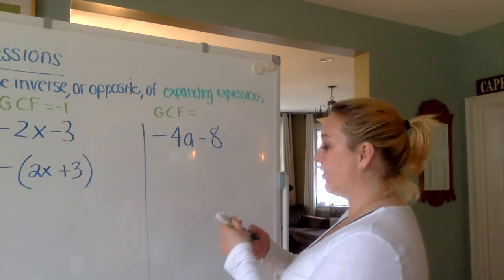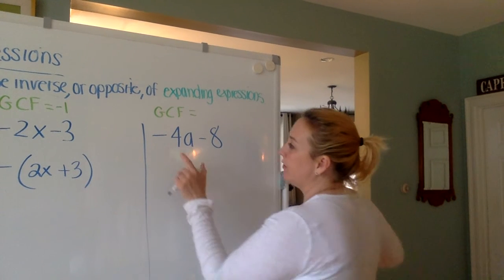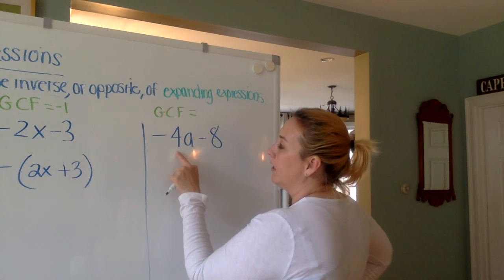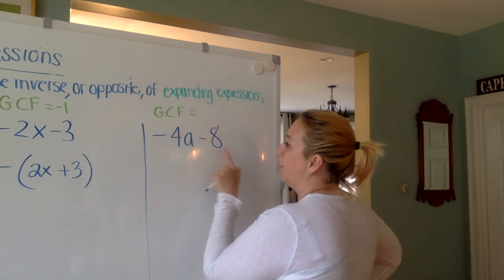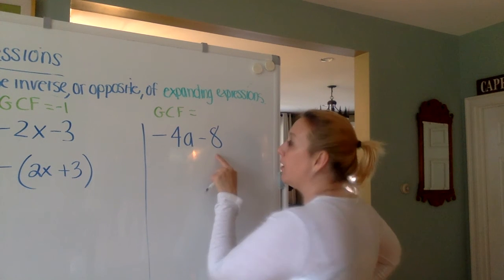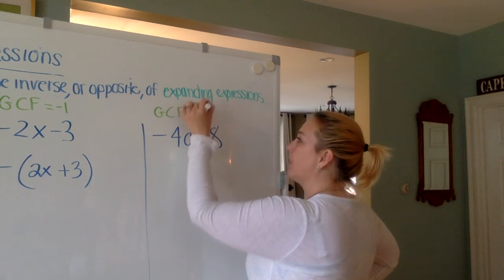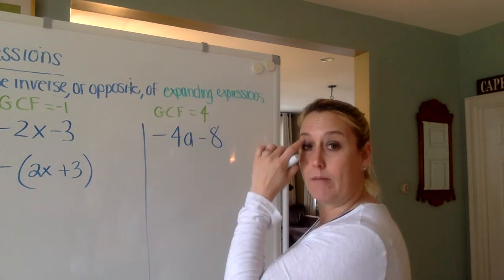So hopefully you're saying to yourself, well, factors of 4: 1 and 4, 2 times 2; factors of 8: 1 and 8, 4 and 2. Oh, all right, 4. So I'm going to use the greatest common factor of 4.